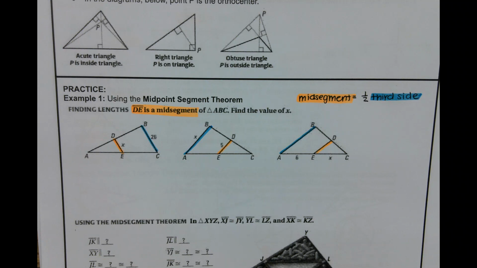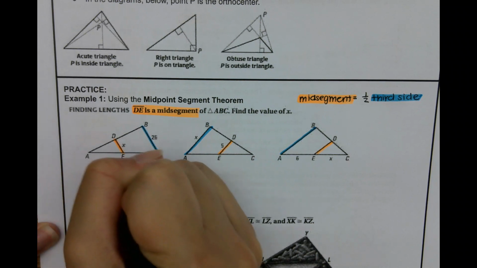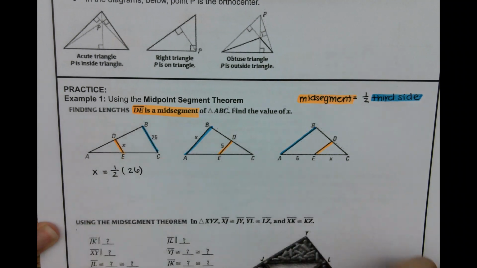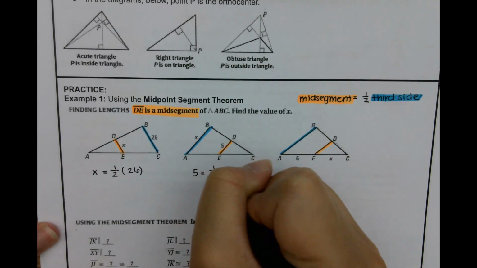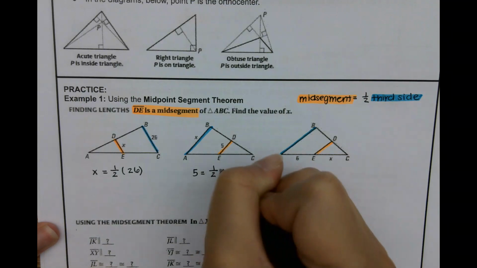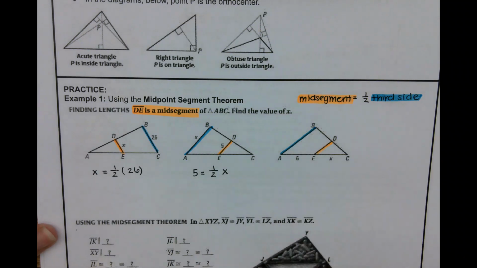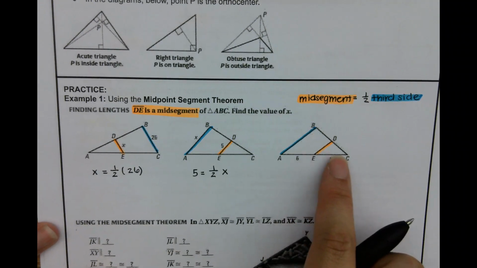Here, X, my mid-segment, is half of my third side. Here, my mid-segment 5 is half of my third side X. Here, I don't know. But what a mid-segment does is it goes midpoint to midpoint.